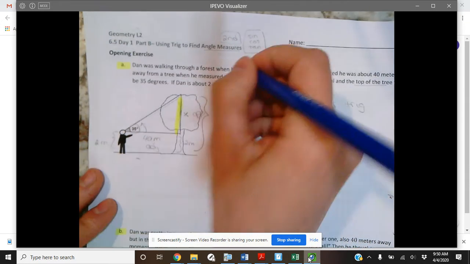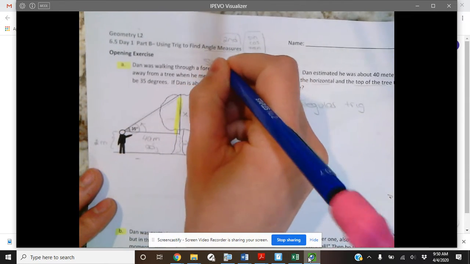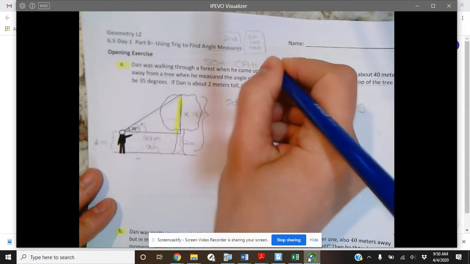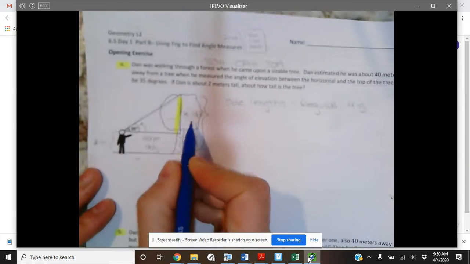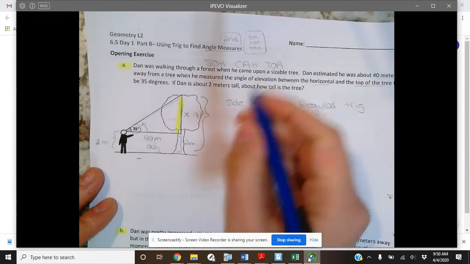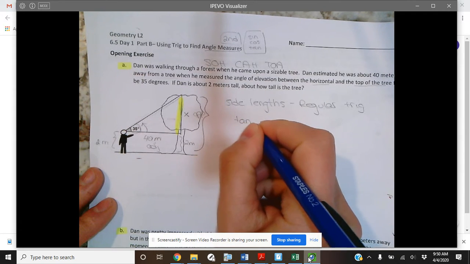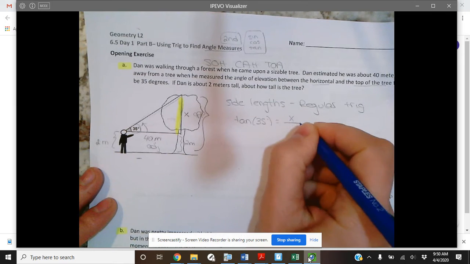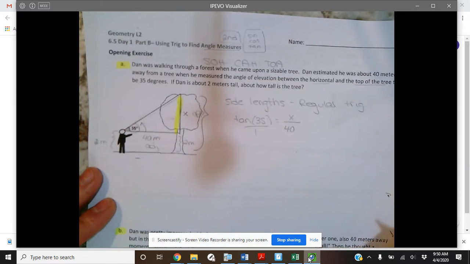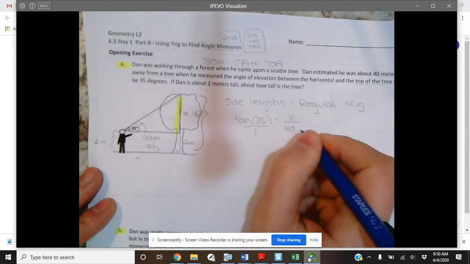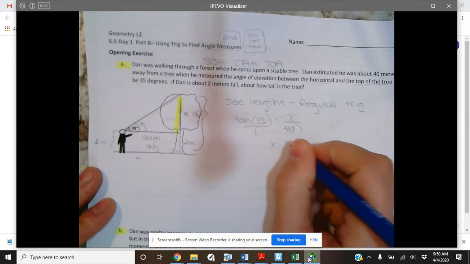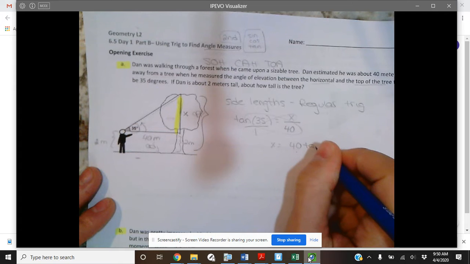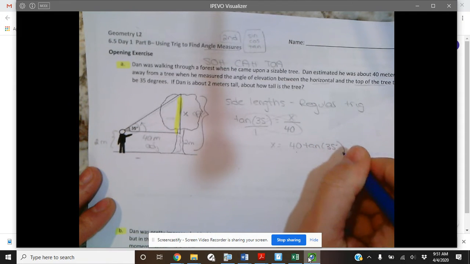So we're going to be doing SOHCAHTOA. We're going to be doing opposite over adjacent, that's tan. So tan of the angle, 35 degrees, equals x over 40. Put tan over 1, cross multiply, and solve. So x is going to equal 40 tan of 35 degrees.